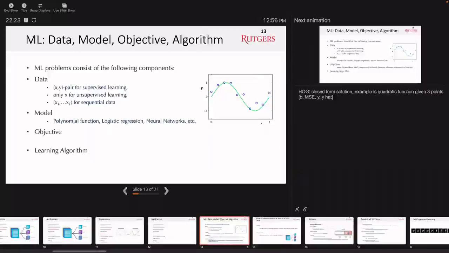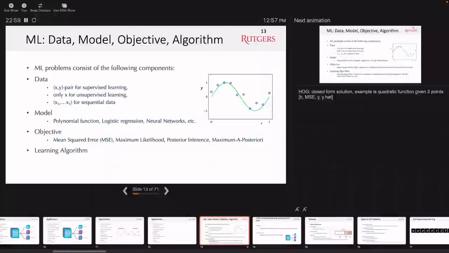One key step of finding the model is to find a good objective function. You're going to learn your model by minimizing or maximizing this objective function. Commonly used objective functions include MSE, or mean square error, maximum likelihood, posterior inference, or maximum a posteriori.